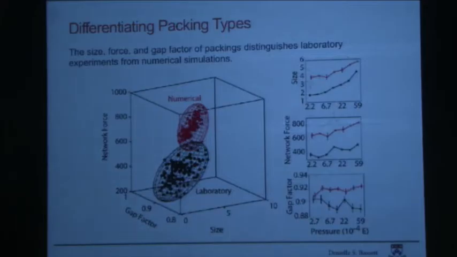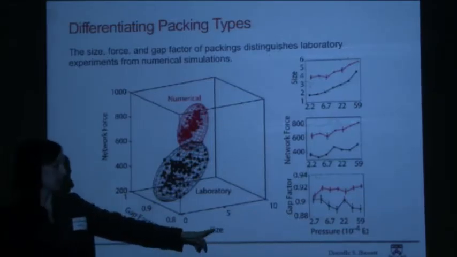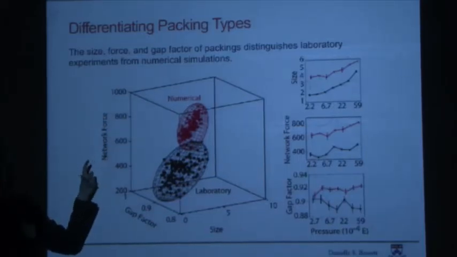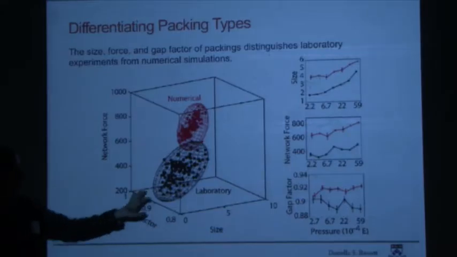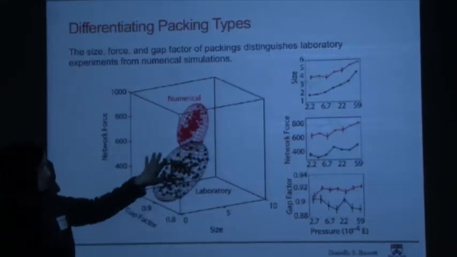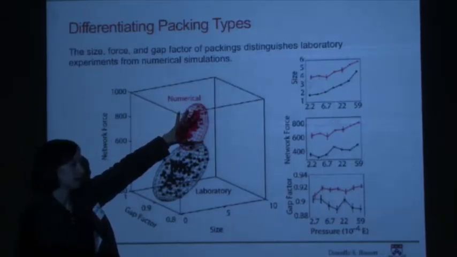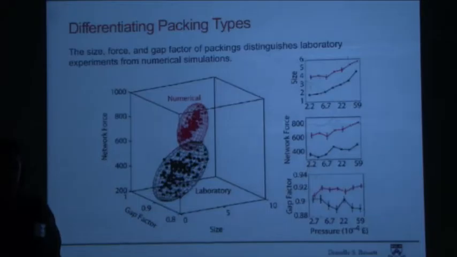Here what we did is that we took the gap factor, but we also took two other measurements of each of the force chains: the size, which is the number of particles inside of the community, and the network force, so the average force on the particles inside of one of these communities or force chains. Here you can see the laboratory packings, making a nice data set, and then the numerical packings from Lisa Manning's group here. And you can see that we can distinguish them very easily in this three-dimensional space.